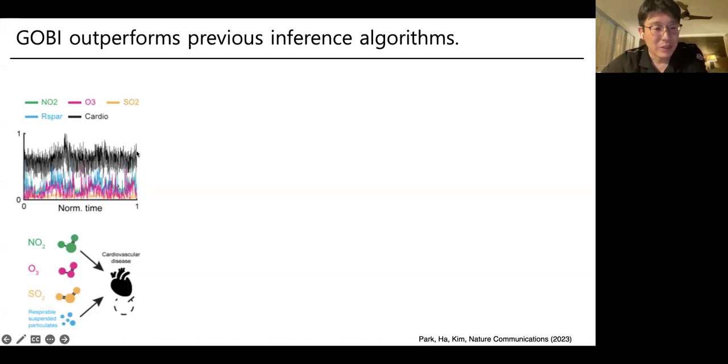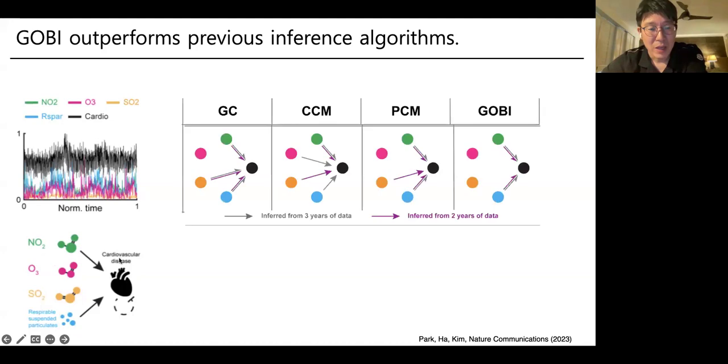And we wondered whether, just from the time series data, we can infer this network structure. We applied Granger causality, CCM, PCM, and GOBI. You can see that only GOBI can successfully infer the known risk factor causation.